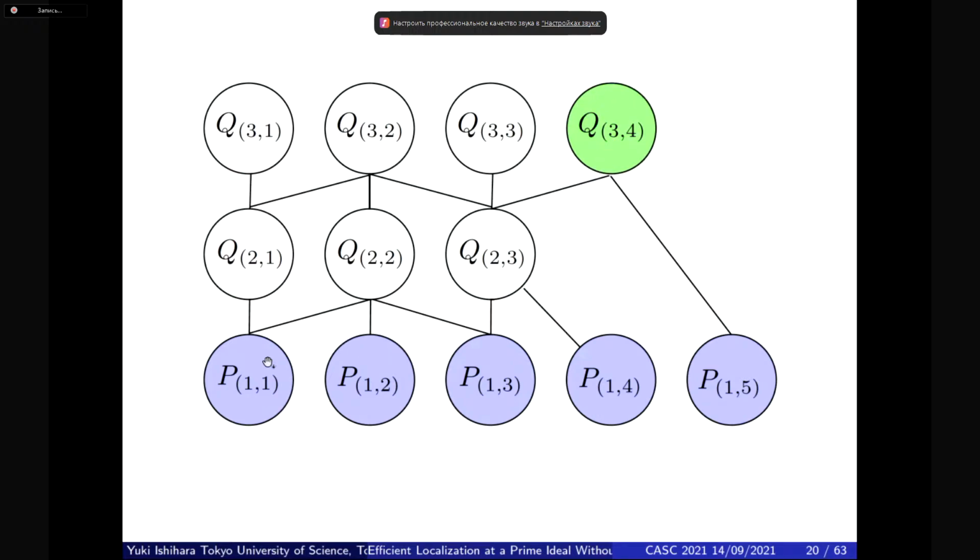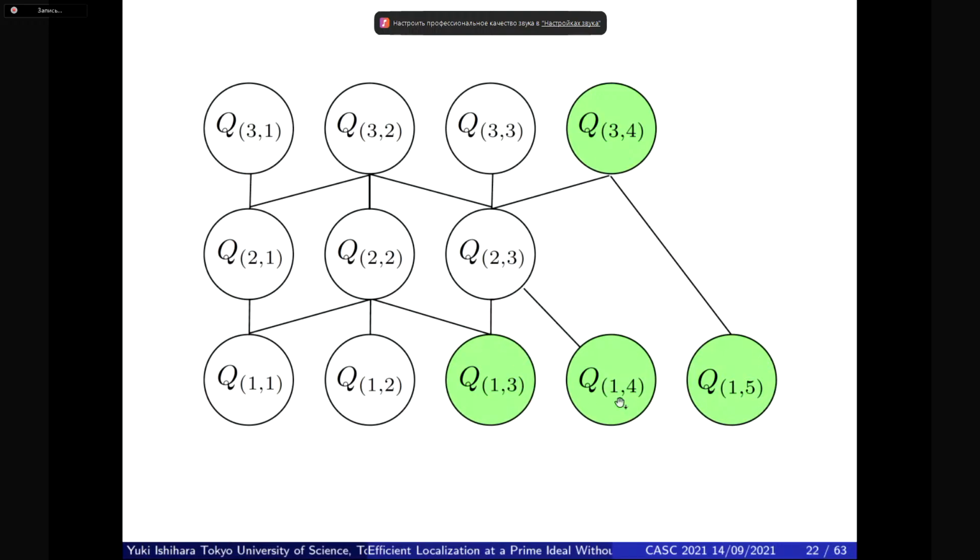In this case, these primary divisors are not contained in this one, so just eliminate them. Then these primary divisors are contained in this one, so compute the primary components with respect to each prime divisor.